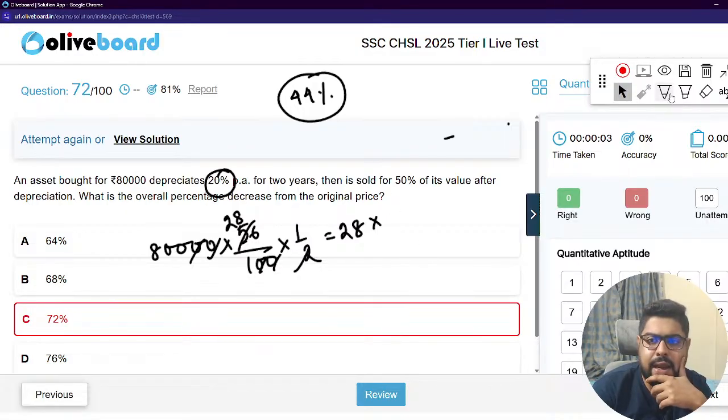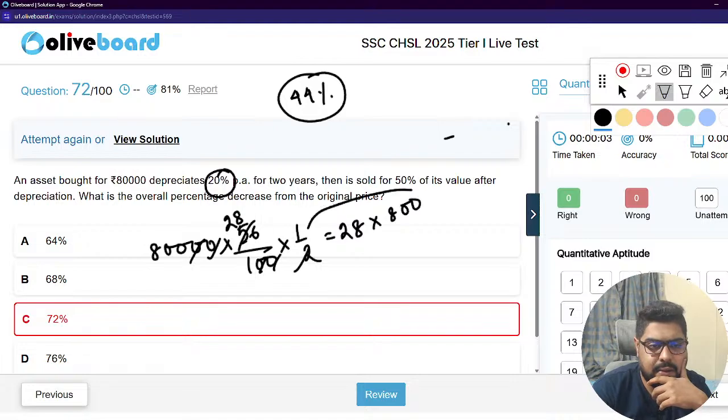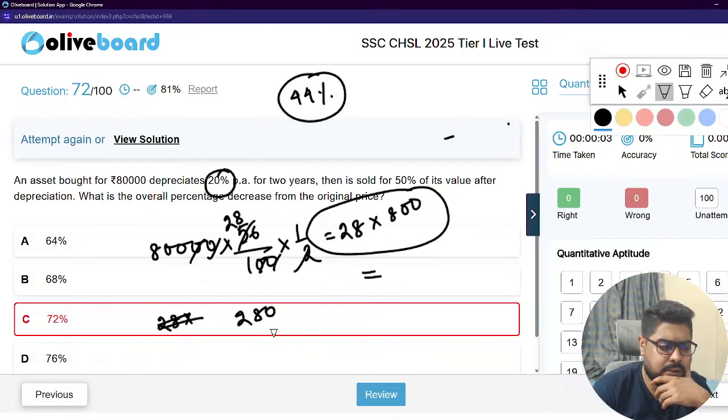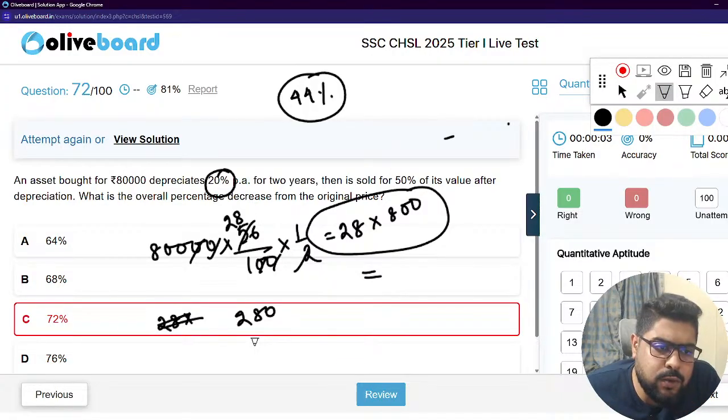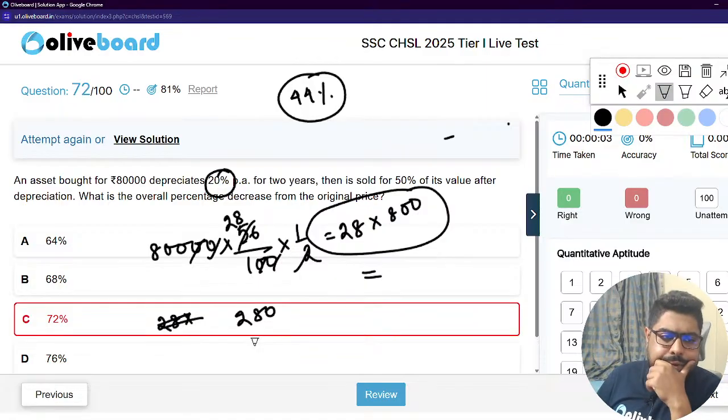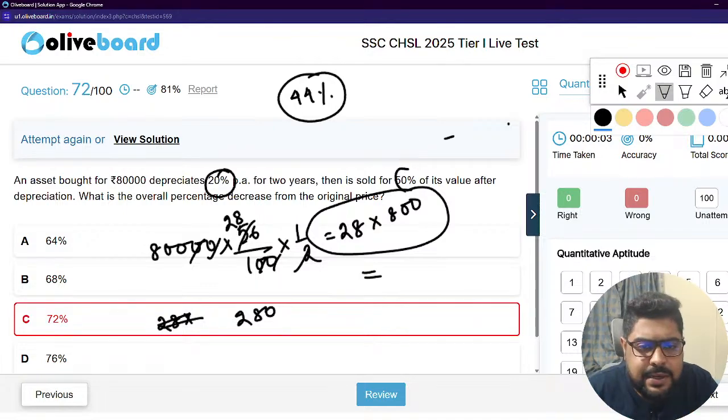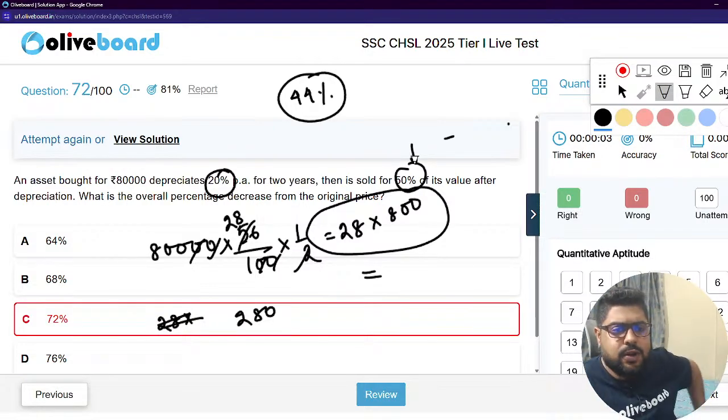This is 28 times 800. So this is what you are getting. Value is 54,400 for what? Asset value. Okay, 28. No, but you see, 50% is sold for 50%, right?